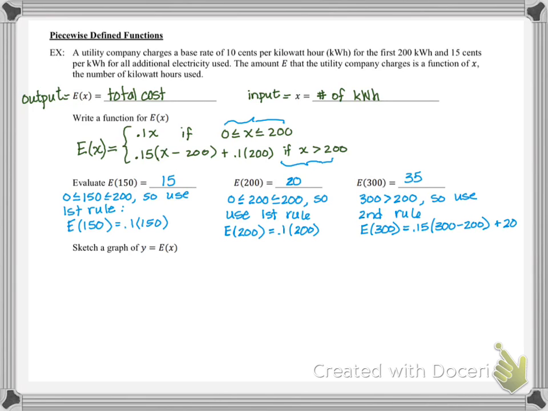The first thing you do is choose which piece you're going to use, just like we did here. For the first two, we used the first rule, and for the last one, we had to use the second one. So we're just plugging into part of the function because each formula only applies to some x values. Does that make sense? So far, so good?